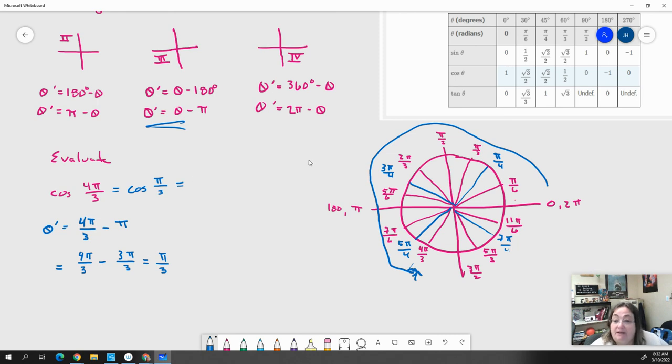Cosine of pi over 3, if we look at our chart, is 1/2. Now we just need to remember, is the cosine positive or negative in this quadrant? Well, cosine and sine are both negative in this quadrant. And so this would be negative 1/2.